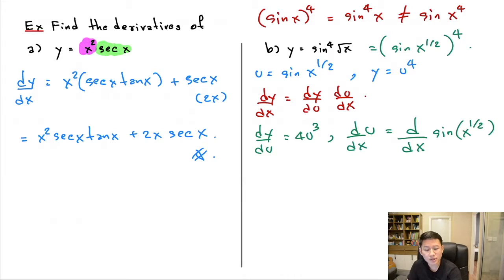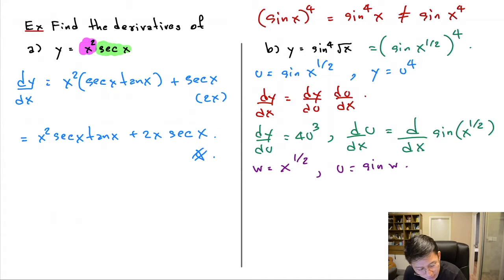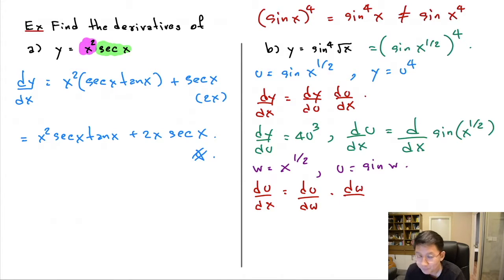So we need to introduce another variable, w, and we let w be x to the power of 1/2. So we have that u is actually sin of w. So du by dx is du by dw times dw by dx.